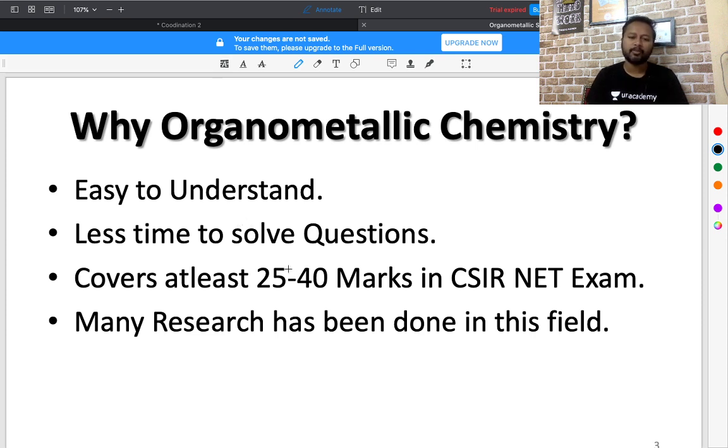It takes less time to solve a question from organometallic chemistry. You just need to know a few formulas, and that will help you to solve that particular question. Also, it covers around 25 to 40 marks in your CSIR NET exam if it is asked in a full way. So it covers around 25 to 40 marks from part B and C both combined. And also from the research point of view, organometallic compound is very important. There is a lot of research going on in this particular topic.